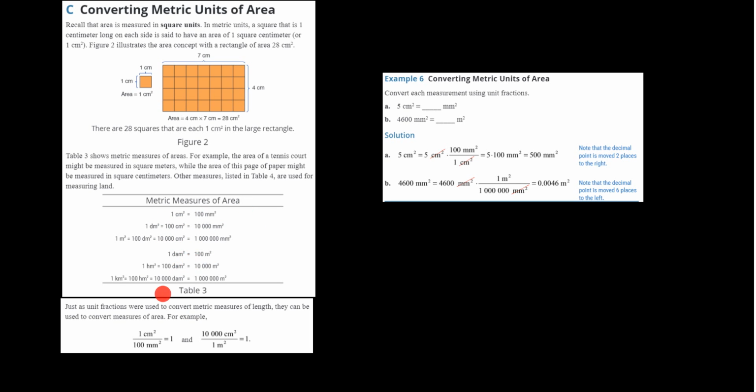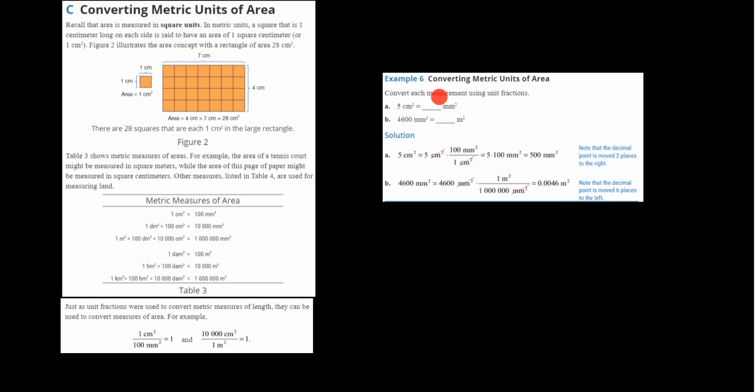Just as unit fractions were used to convert metric measures of length, they can be used to convert measures of area. For example, 1 square centimeter is equal to 100 square millimeters, and 10,000 square centimeters is equal to 1 square meter. Using that, the same process, we can convert metric units of area.